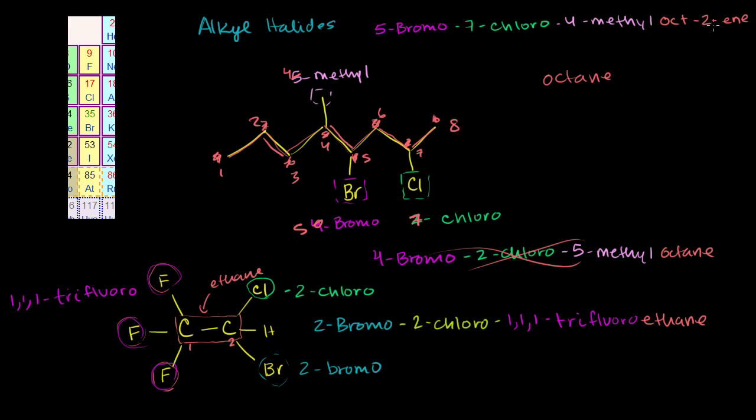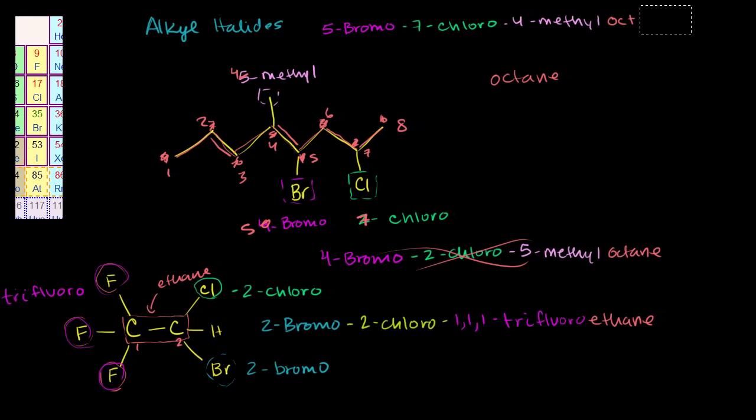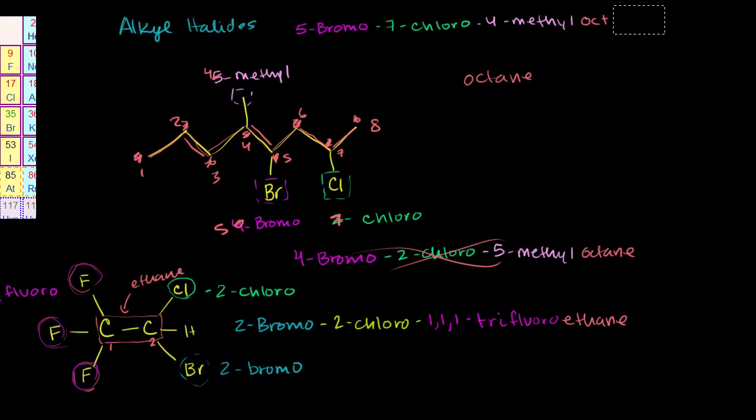Instead of being 2-ene, when I add that second double bond, it will now be oct, with a double bond starting at the 2 and at the 4. 2,4, and it's no longer just an ene. That was a mistake I made in the last video.